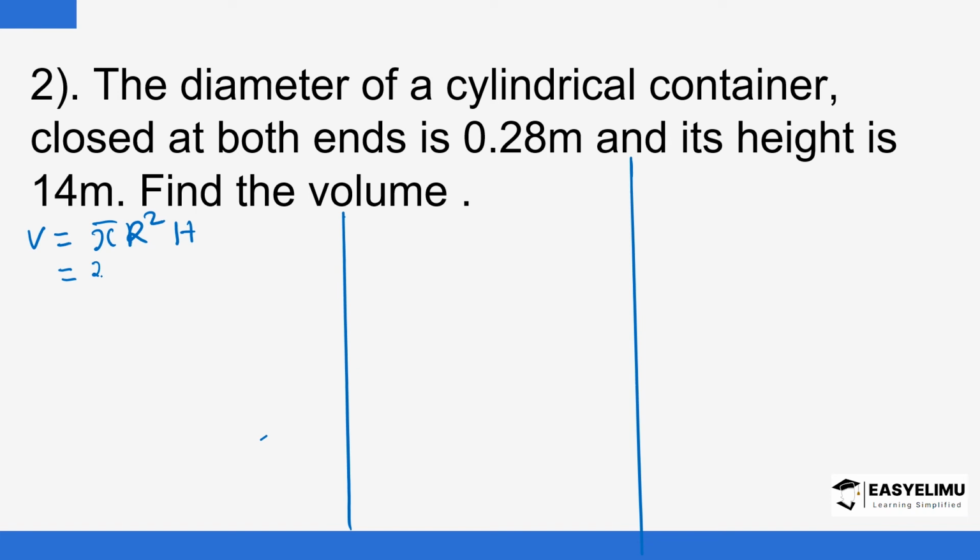So pi is 22/7. And what is the radius? What is given here is the diameter, 0.28. So I have 0.28 over 2 times 0.28, because if you divide the diameter by 2, you get the radius. And then you multiply by 14.